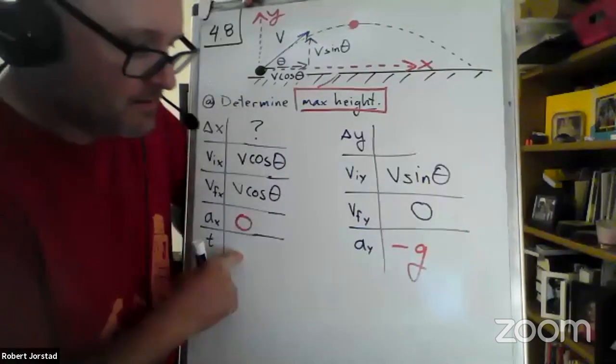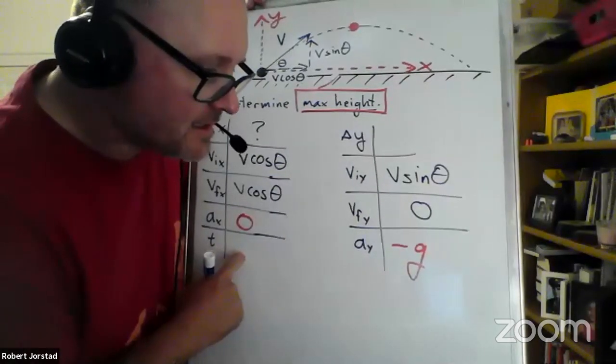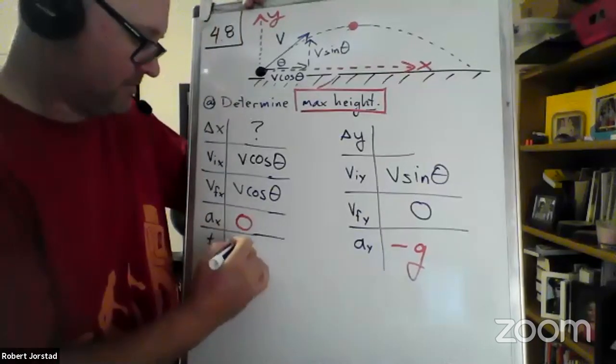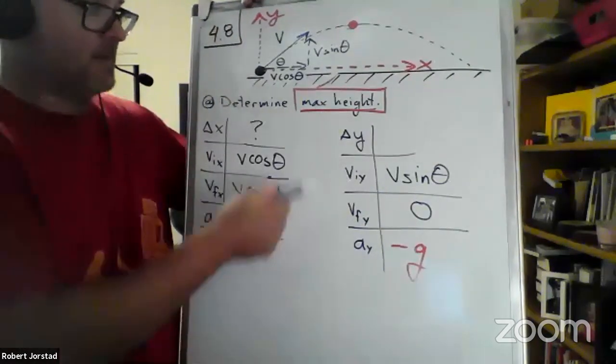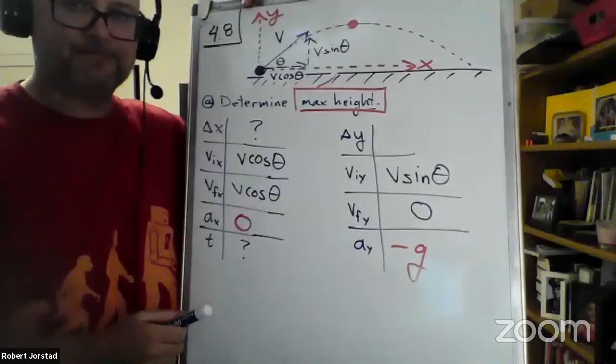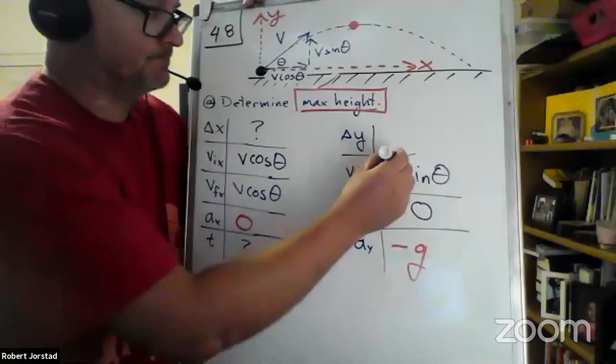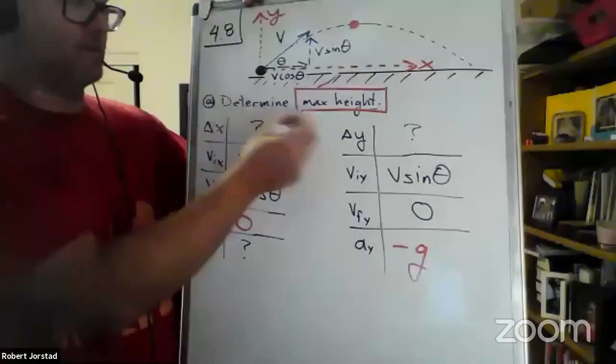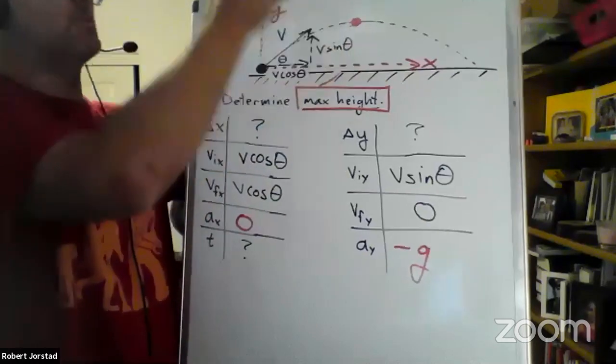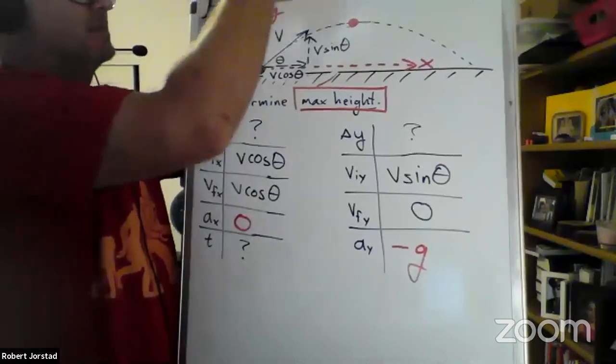And then time, did they tell us the time? I didn't see it. No. How about what's delta y? Do we know that? I don't think so. No, that's what we're looking for. We're looking for the max height. Isn't that going to be delta y in this particular case?